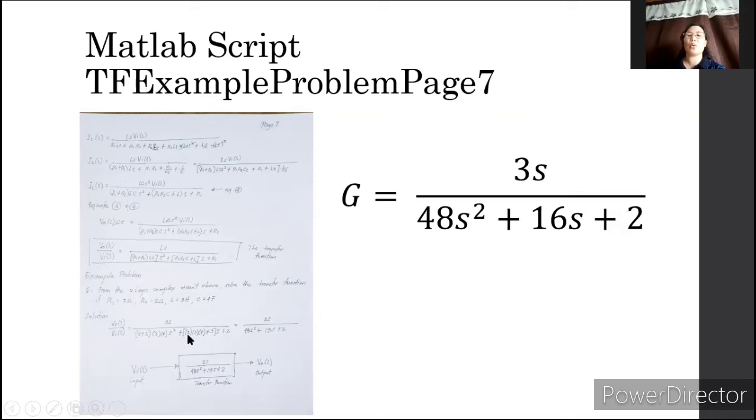Kasi it's 2 times 2, that's 4. 4 times 4, that's 16, no? So dapat 16, no, not 19. So dito sa transfer function na nilagay ko, yung corrected value na. So the transfer function for the complex circuit, no, 2 loops ay ganito, no? 3s over 48s squared plus 16s plus 2.